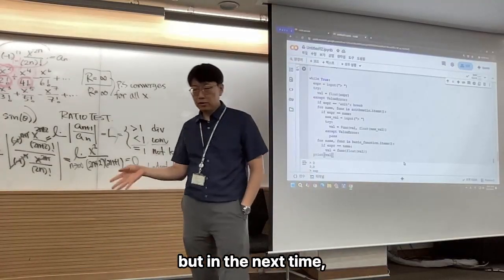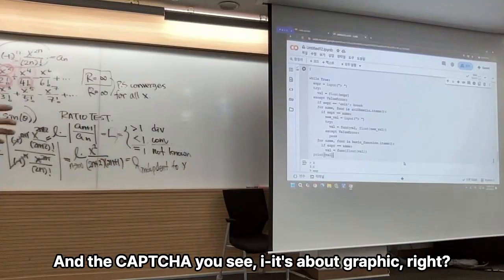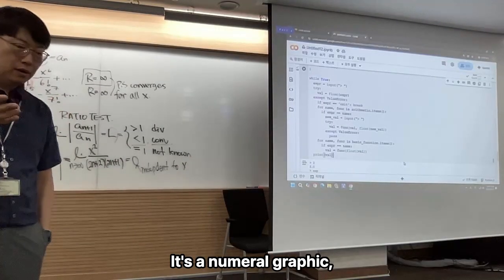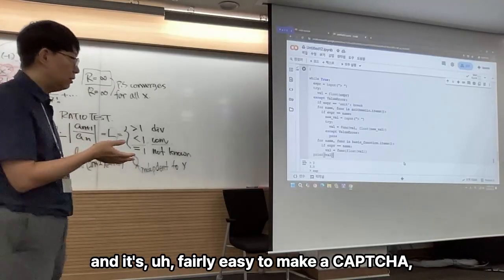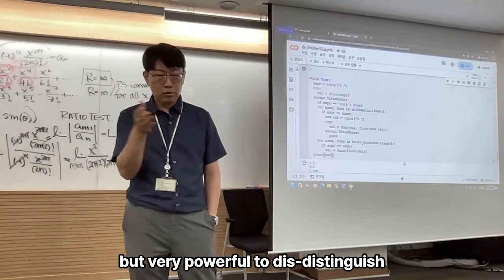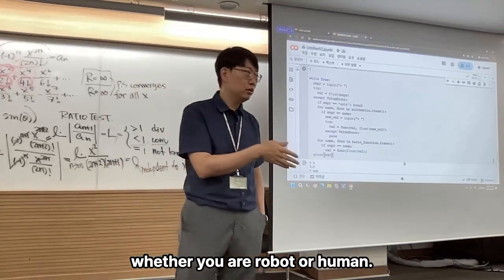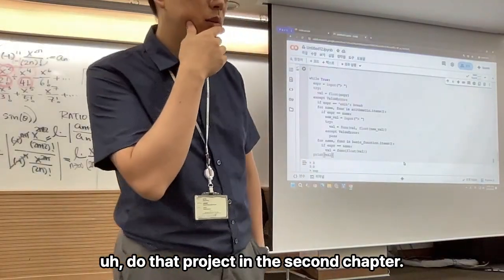But next time, we're going to talk about vectors and matrices. And the CAPTCHA, you see, it's about graphics, right? It's a numerical graphic. And it's fairly easy to make a CAPTCHA, but very powerful to distinguish whether you are a robot or human. So we're going to do that project in the second chapter.